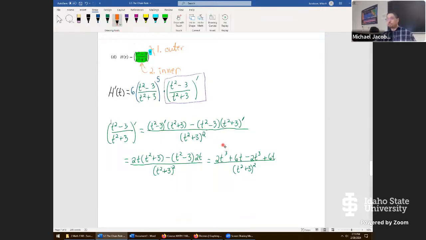The 2t cubed and the -2t cubed cancel off, so those are gone. 6t and 6t add together as like terms. So finally, altogether, the quotient rule results in 12t divided by t squared plus 3 squared.